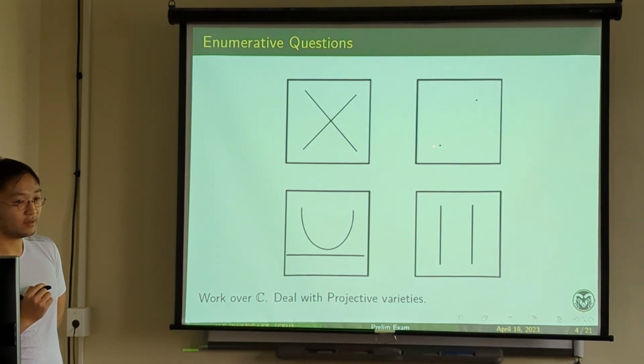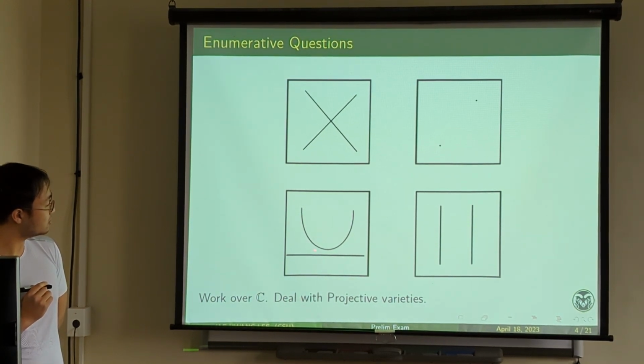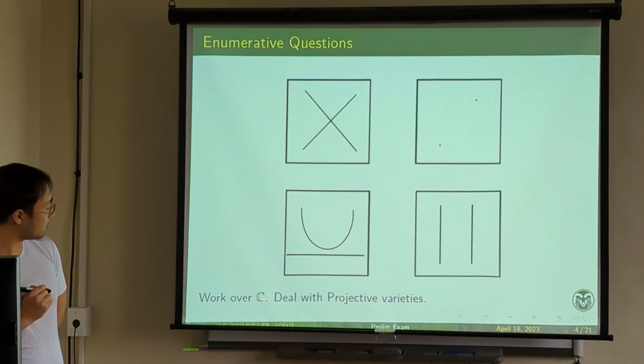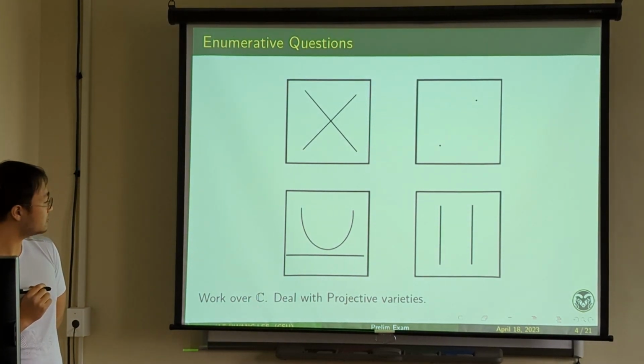It's going to be 1 as well. Then in this case, how many points are in the intersection of this parabola and this line? In the picture, this is not an intersection. But once we work over C, the complex numbers, they are going to intersect at 2 points. So we're going to work over C.